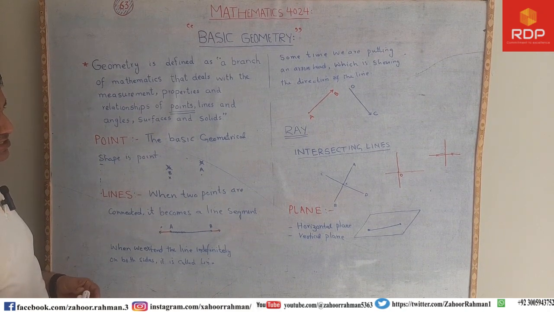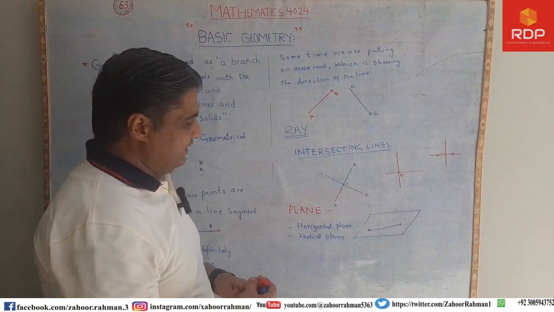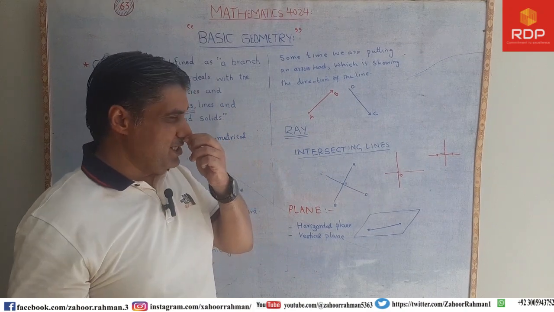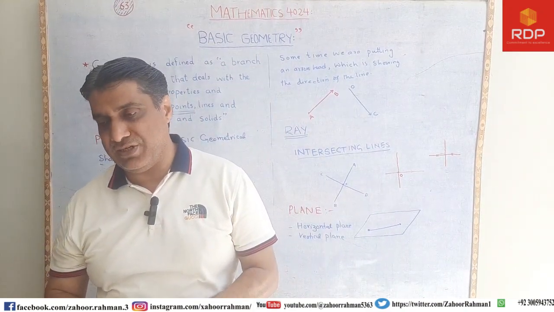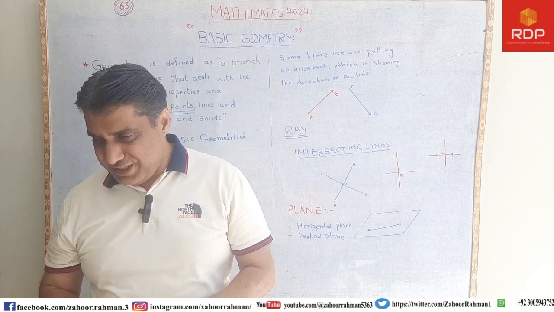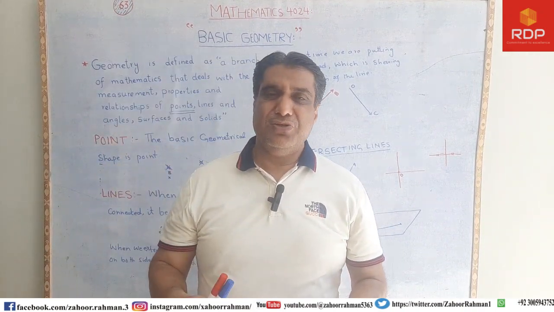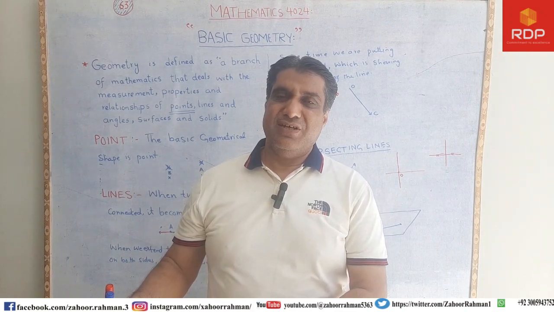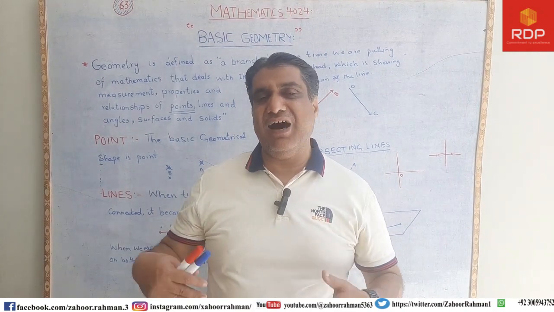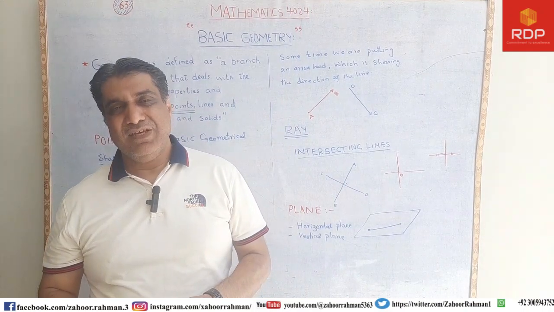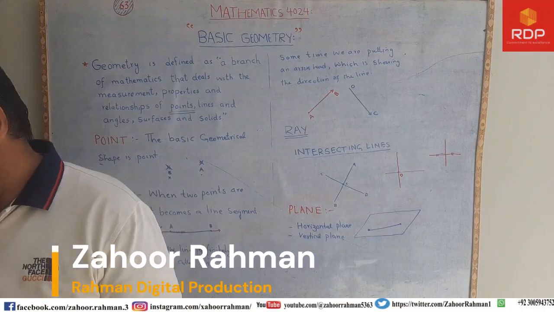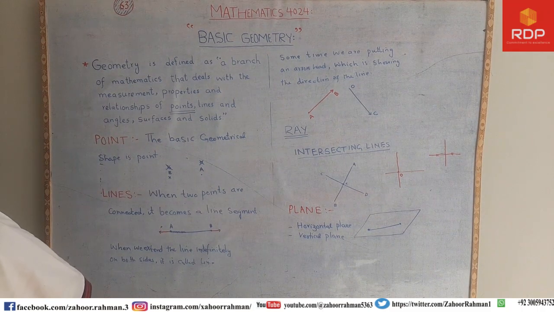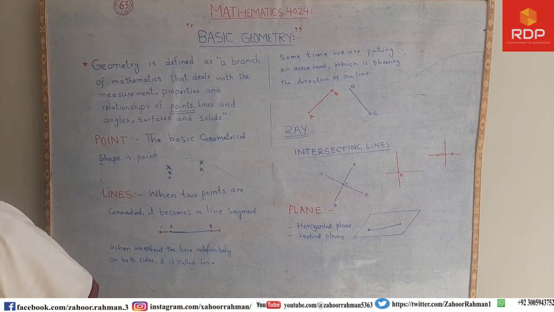Every plane is two dimensional in measurement. It is having only x and y, no z dimension. For further explanation, you have to search the dimensions on the net in the context of plane. So that was the topic of planes.